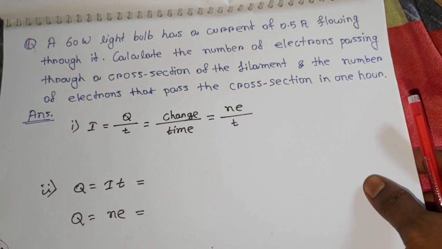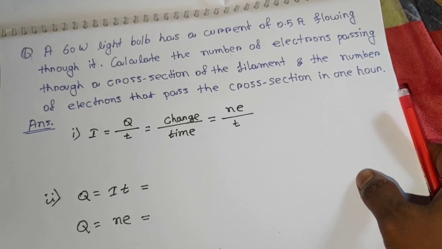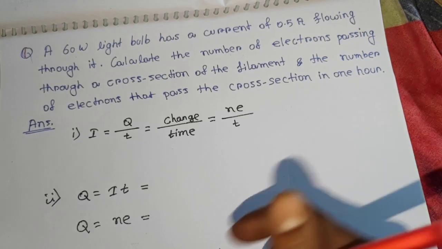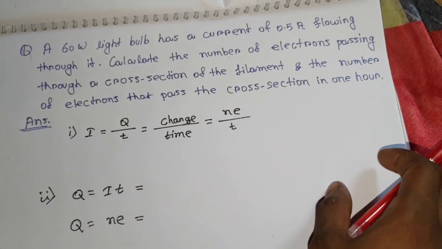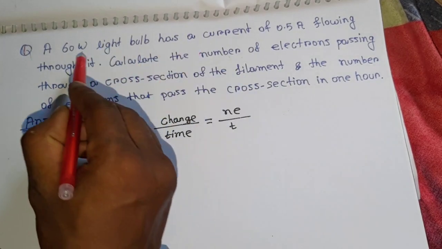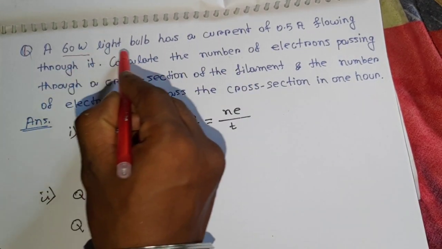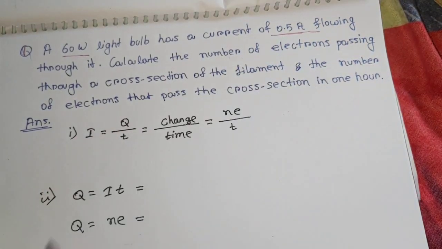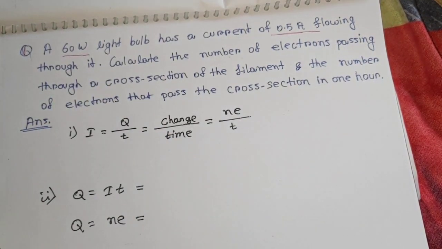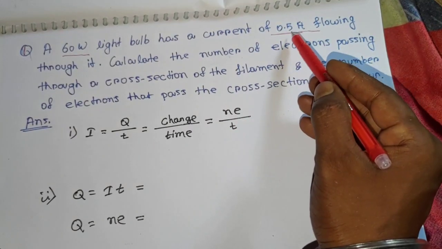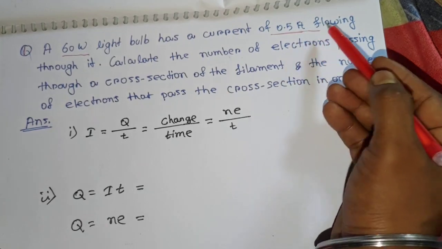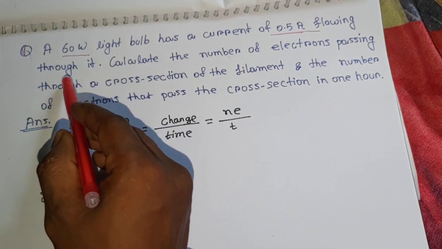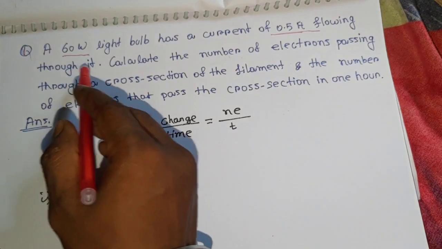Now we'll do one example. We'll see the question first. A 60 watt light bulb has a current of 0.5 ampere flowing through it.